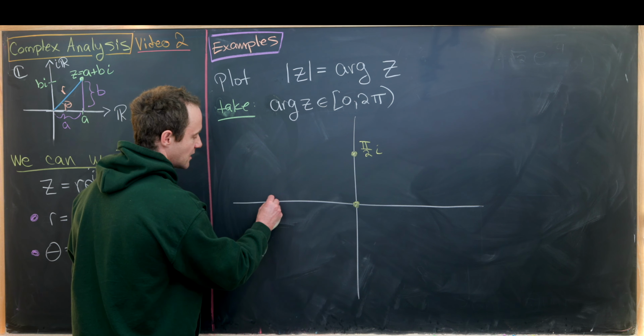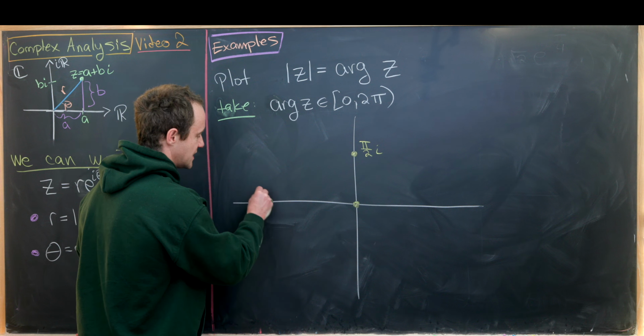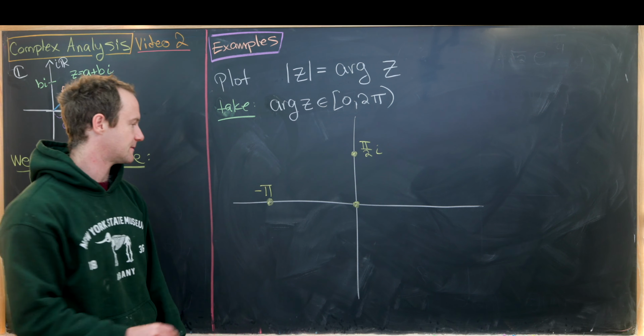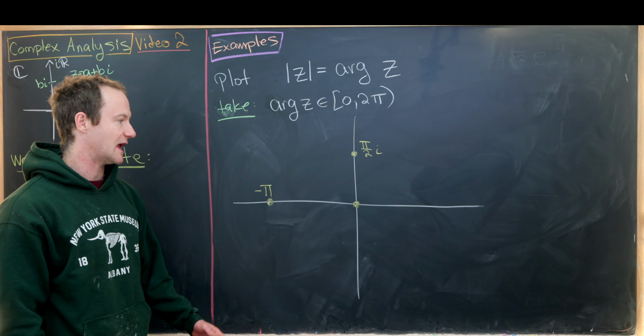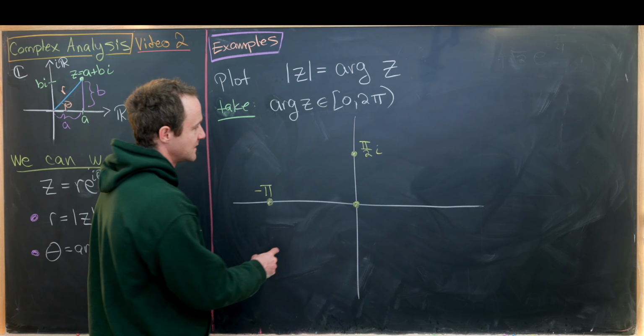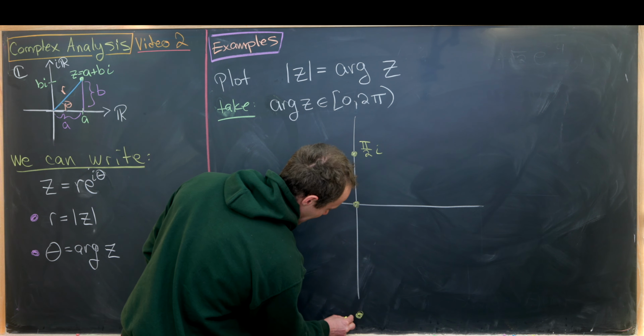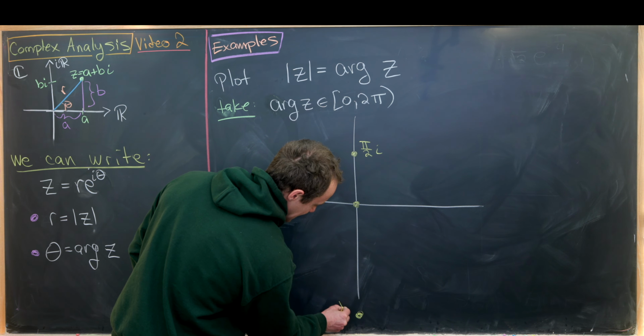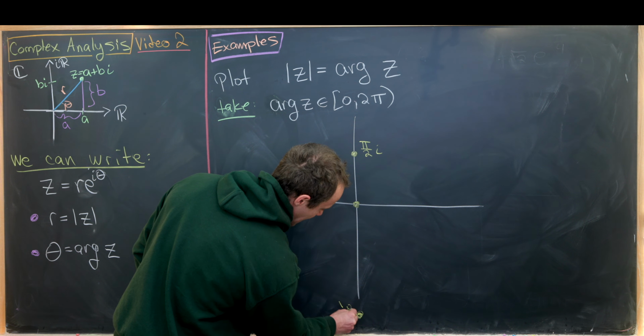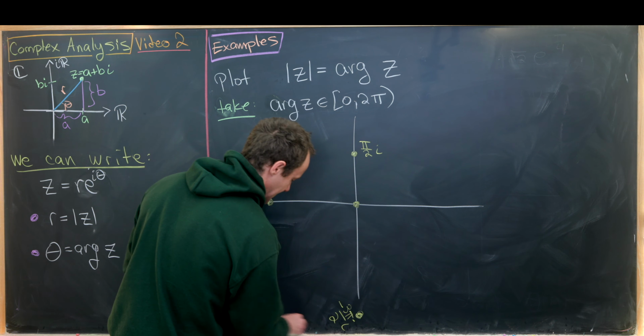Then moving over here, we could have this point down here, which is minus pi. So the modulus is pi and the argument is pi. Then finally, maybe down here, we would have negative 3 pi over 2 times i.